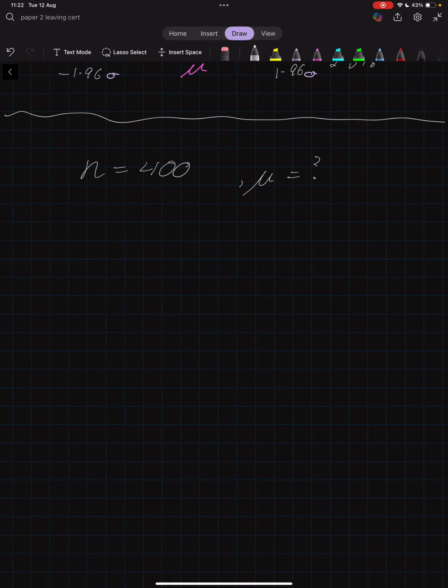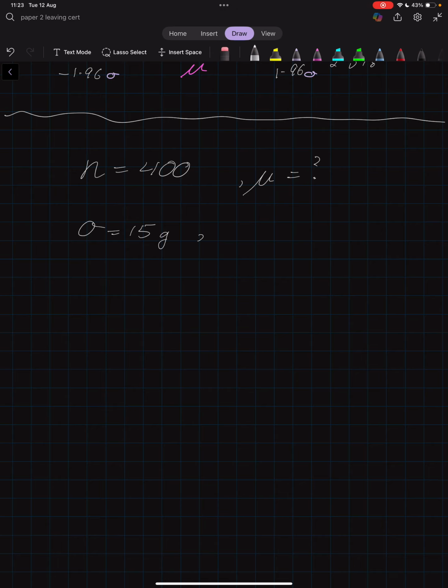So basically they've gone to this place, they've gotten 400 random apples, and they want to give the best average that you can give them, that you can say, okay, the actual mean is between this. Okay? And it says the standard deviation is 15 grams.